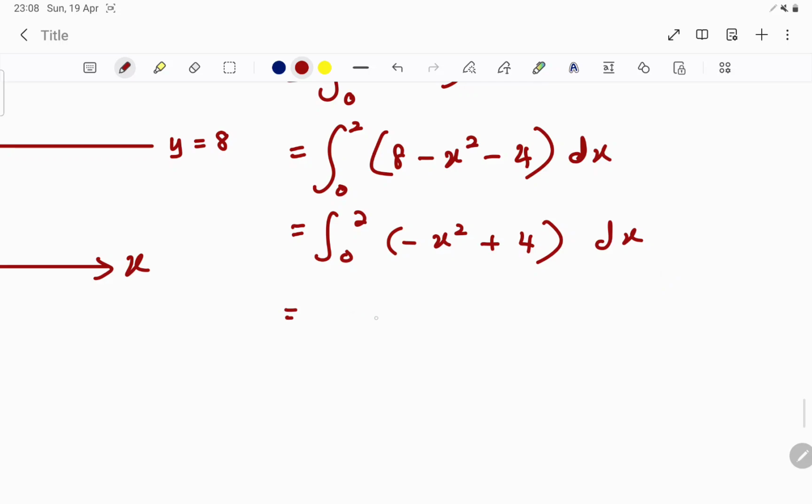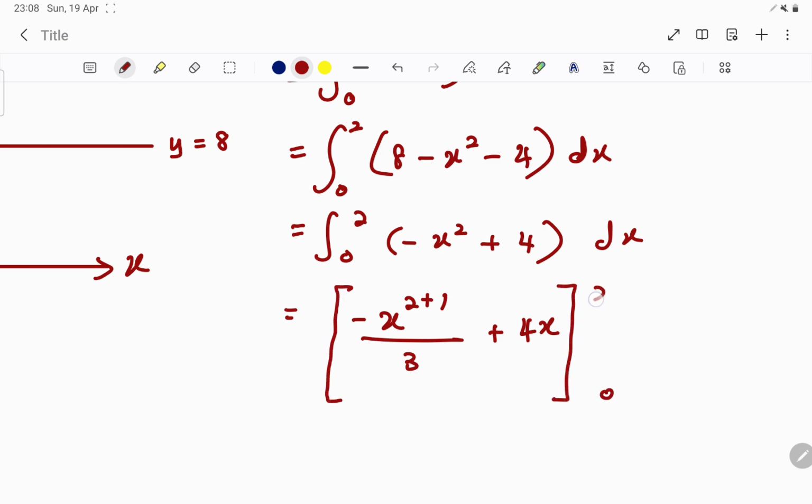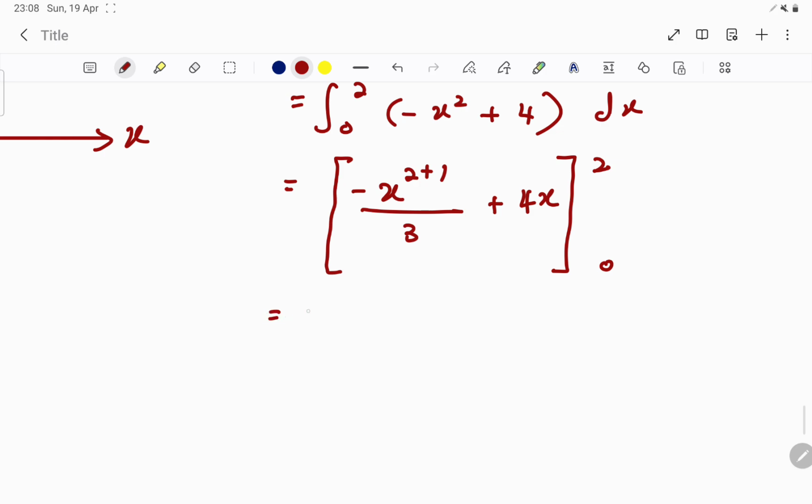Now we integrate. Negative x squared becomes negative x to the power of 2 plus 1, divided by 3, plus 4, and integrating 4 gives 4x, from 0 to 2. Simplifying, you get negative x to the power of 3 divided by 3 plus 4x, from 0 to 2.